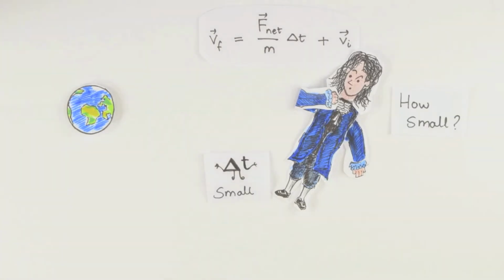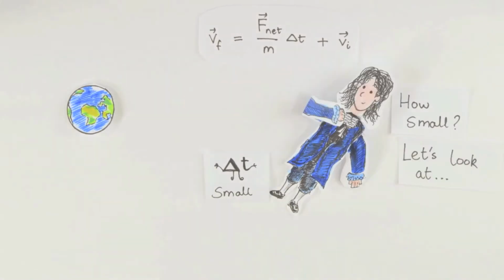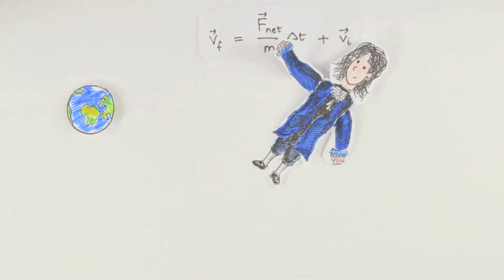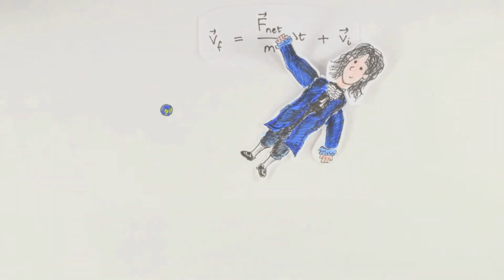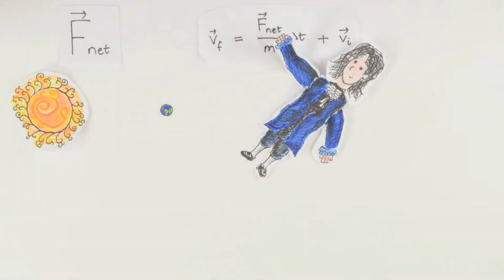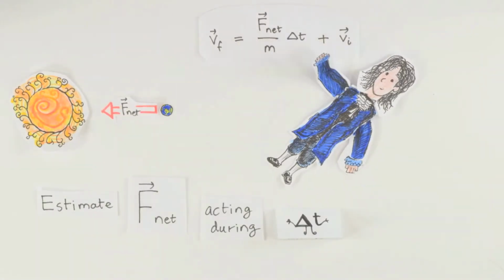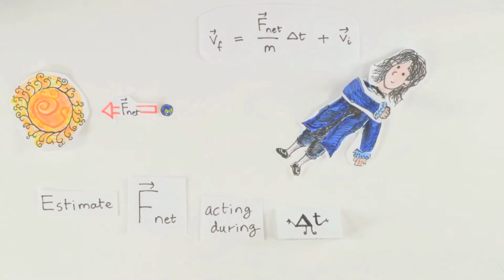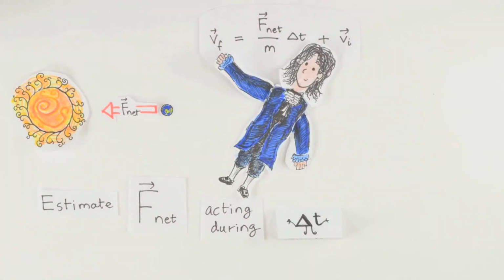One way to think about how small is small enough is to look at the final quantity we need for making predictions. We need a good estimate of the net force, the total pushes and pulls from the surroundings acting on our system during the time interval delta t. That is, between now, the current time, and the time when we want to predict the new velocity, v sub f.